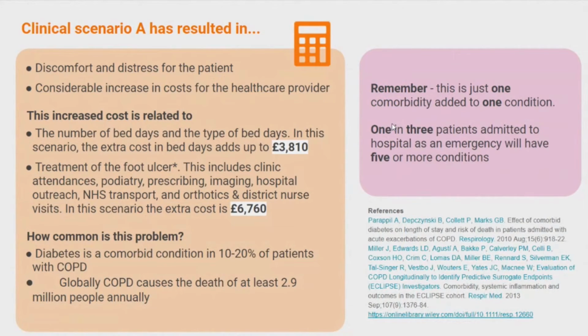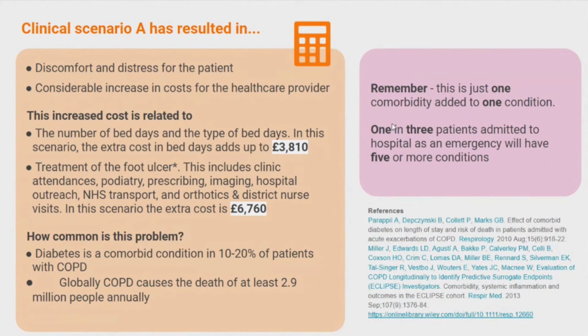And first of all, from the patient experience point of view, this patient has had pain and inconvenience and discomfort and distress. From the healthcare provider or hospital point of view, there's been poor quality care and also increased cost. And the increased cost related to the number of bed days and the type of bed days, and also treatment and follow-up of the foot ulcer. And so it all adds up.